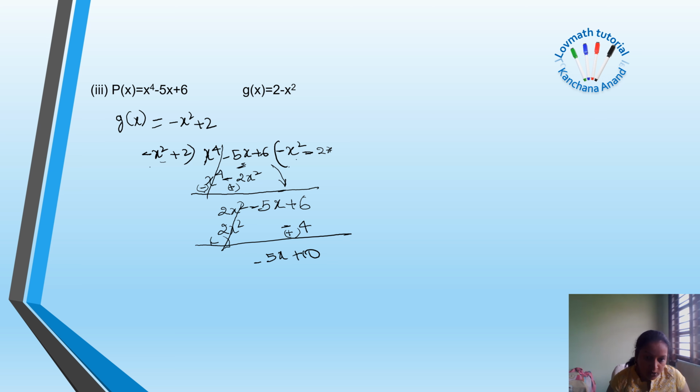Therefore, the remainder is minus 5x plus 10. Here minus 5x plus 10 is the remainder and the quotient is minus x square minus 2.